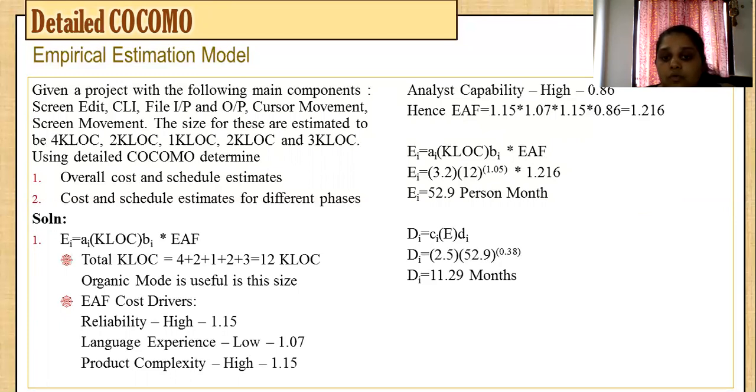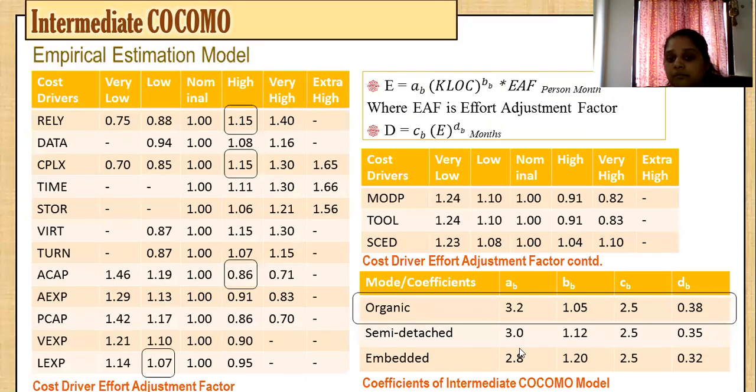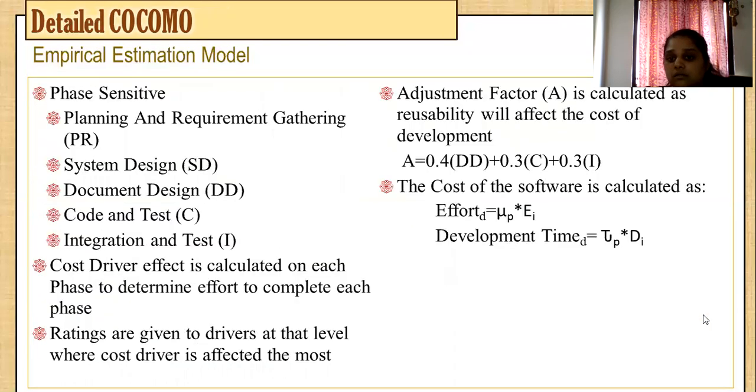Okay, next we are moving on to development time. That is easy. You just have CI into E raised to DI. You are supposed to see the coefficients CI and DI of intermediate COCOMO organic mode, which are 2.5 and 0.38.